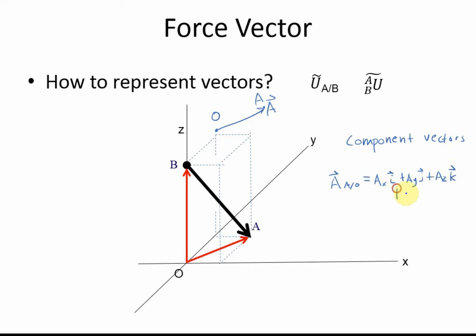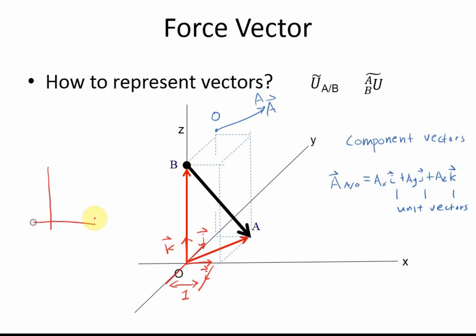And then i, j, k are our unit vectors. The unit vector i is aligned with the x-axis, but its magnitude is just 1. And likewise, we have the j vector, and also we have the k vector along the z-axis.